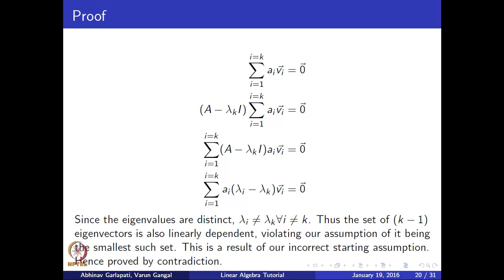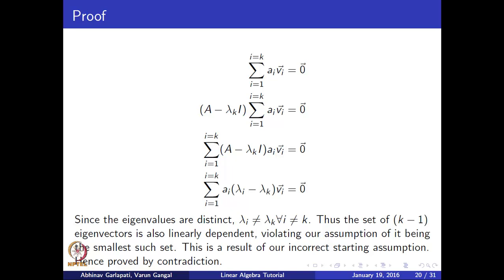However, now we can think of ai times (lambda_i minus lambda_k) as a new constant bi. This means now that we have a summation running from i equals 1 to i equals k minus 1, of bi Vi equal to 0.